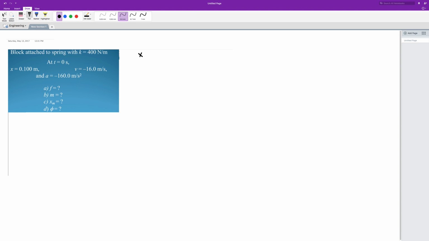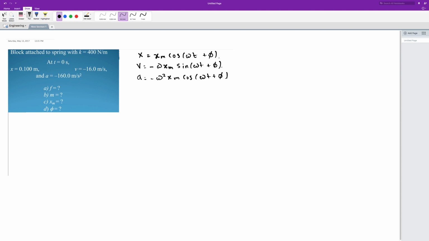First, the displacement equation, that is x is equal to xm cos(omega t plus phi), and the other equations are simply the derivatives of this one. The velocity equation is the derivative of the displacement equation, that's minus omega xm sine(omega t plus phi), and the acceleration equation is the derivative of the velocity equation, that's a is equal to minus omega square xm cos(omega t plus phi).